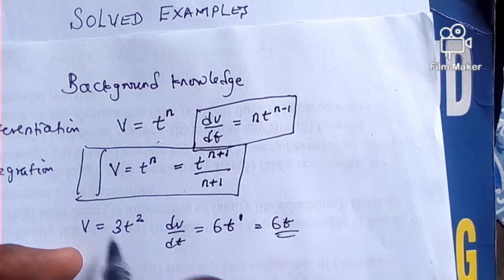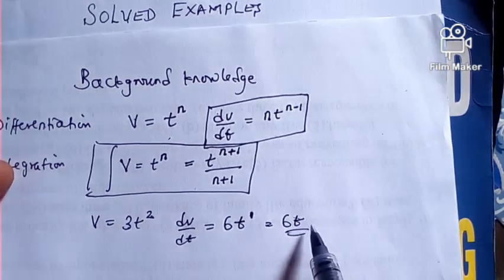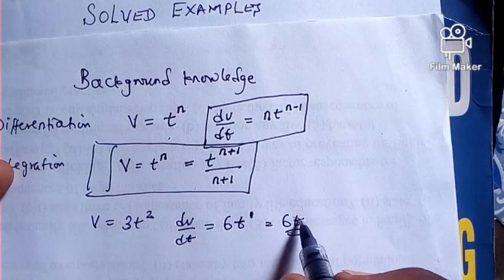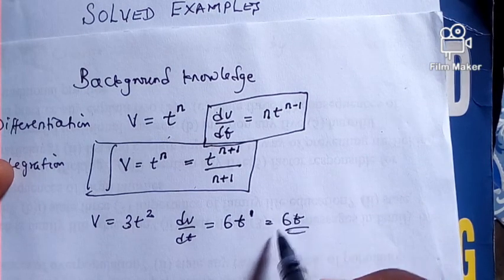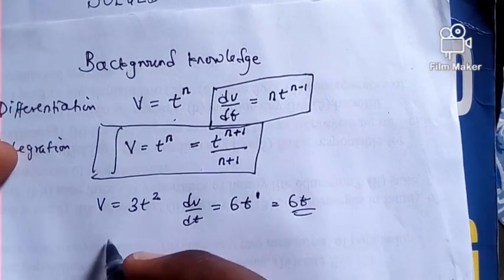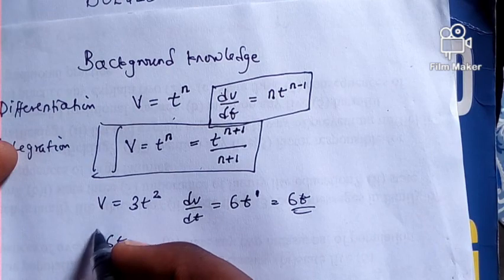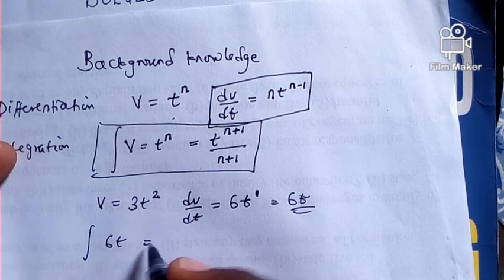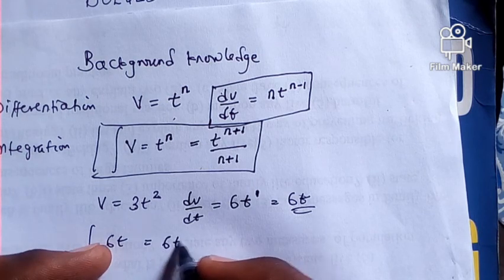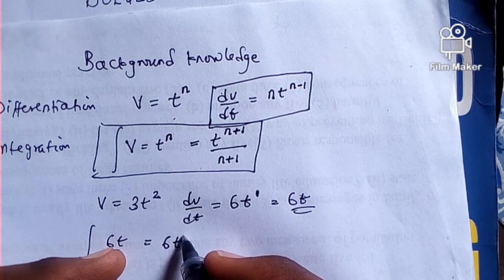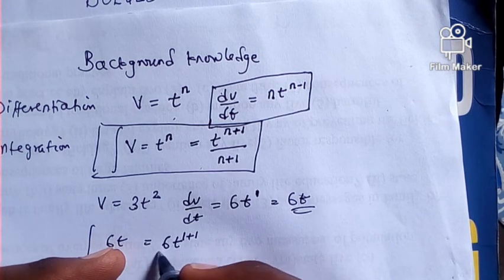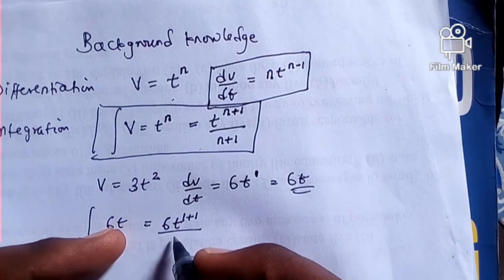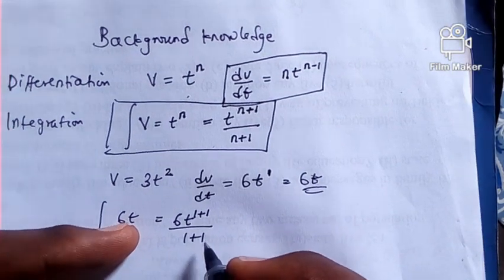Now, to prove that integration is just the opposite of differentiation, we are going to take the integral of 6t. Remember, t is to the power of 1, so we add 1 and divide by the new power, which is 1 plus 1.